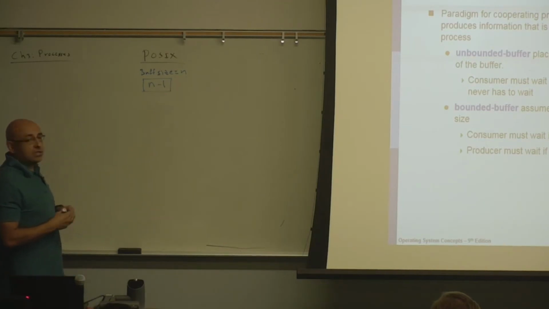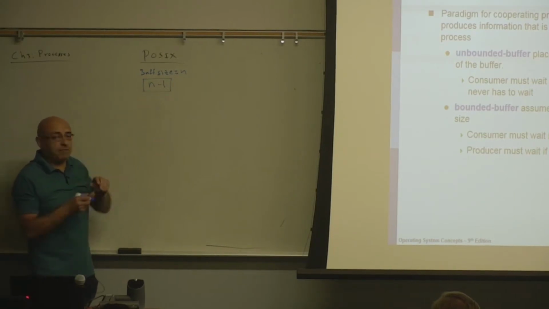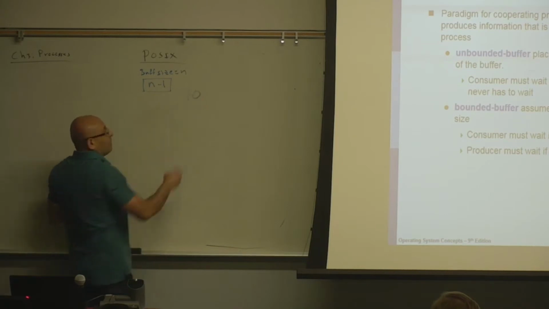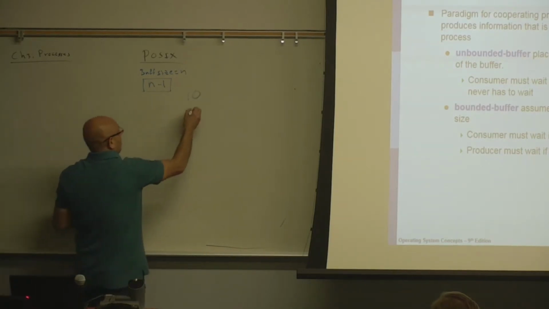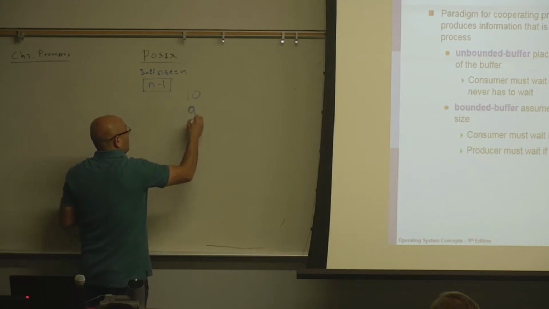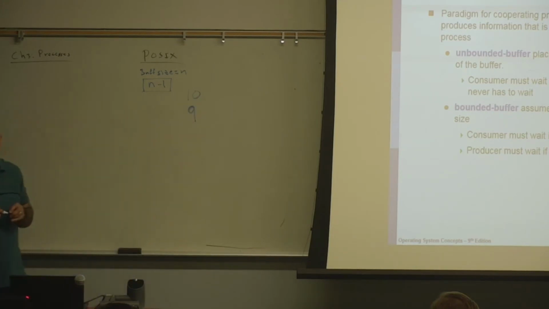So for now, just accept that our solution will fill n minus 1. If the buffer can fit 10 items, we will only fill 9 items. When we have 9 items in the buffer, we consider it full.